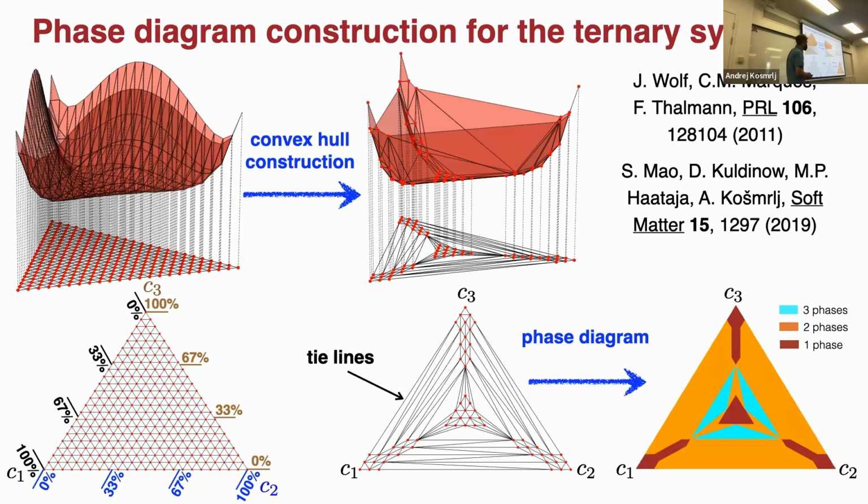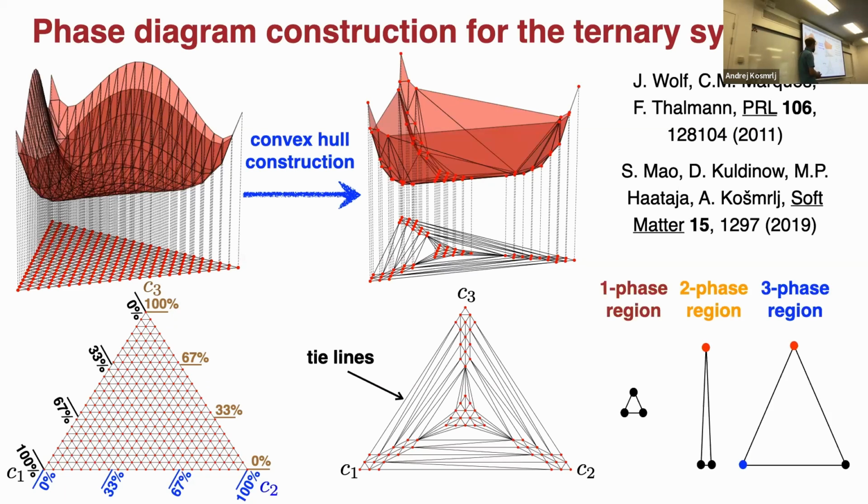We convexify it, and then we project it back to the phase space, and then we just have to look at our now deformed simplices, and figure out, by just looking at the Euclidean distance of different corner points of the simplices, whether the corner points correspond to the same phase if they are close, or to different phases if they are apart, right?